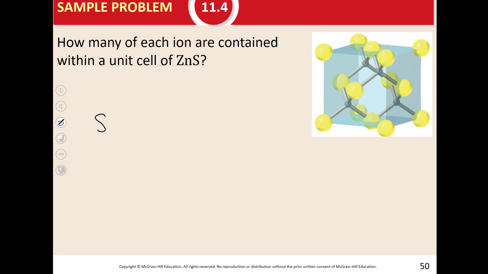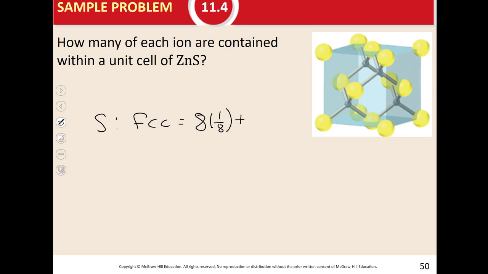So if it's face-centered, then how many ions are going to be there of the sulfur? So sulfur, face-centered cubic. It's on the corners. So how many corners are there? 8. 8 corners to a cube. And each corner is what fractional amount inside of the atom? An eighth. So 8 times an eighth. And then you also have the faces.